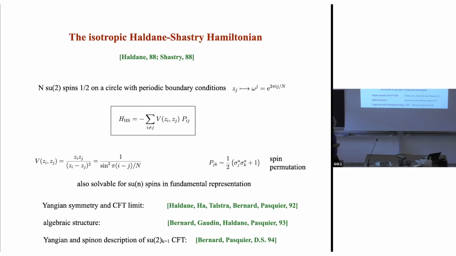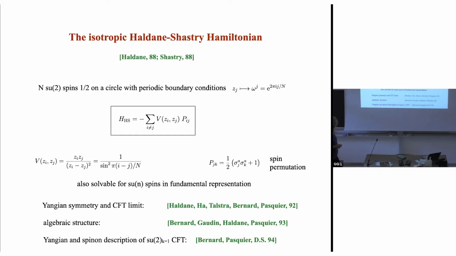They interact with the usual exchange Hamiltonian, which can be written as a spin permutation. And unlike the Heisenberg Hamiltonian, the exchange is not between nearest neighbors, but between any spins on the circle, and the spins interact with this potential, which is 1 over sine squared of the distance between the particles.